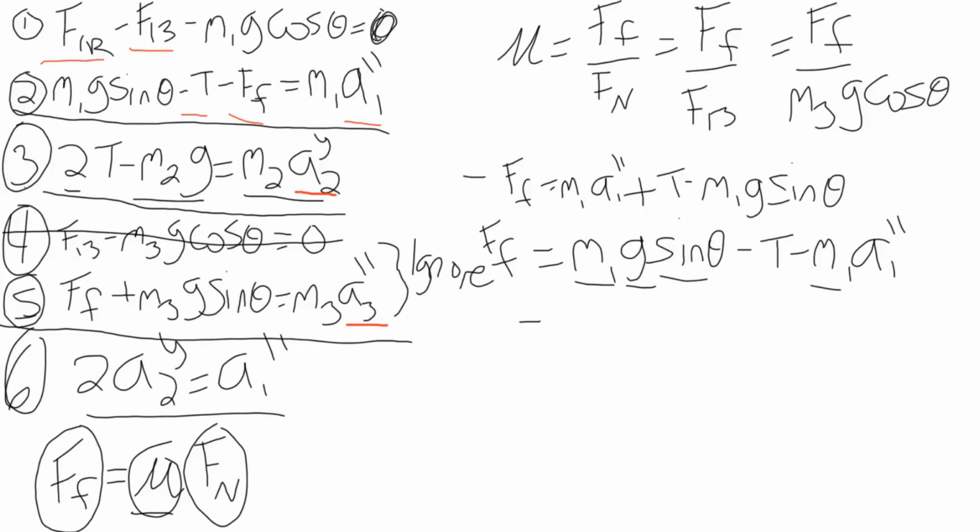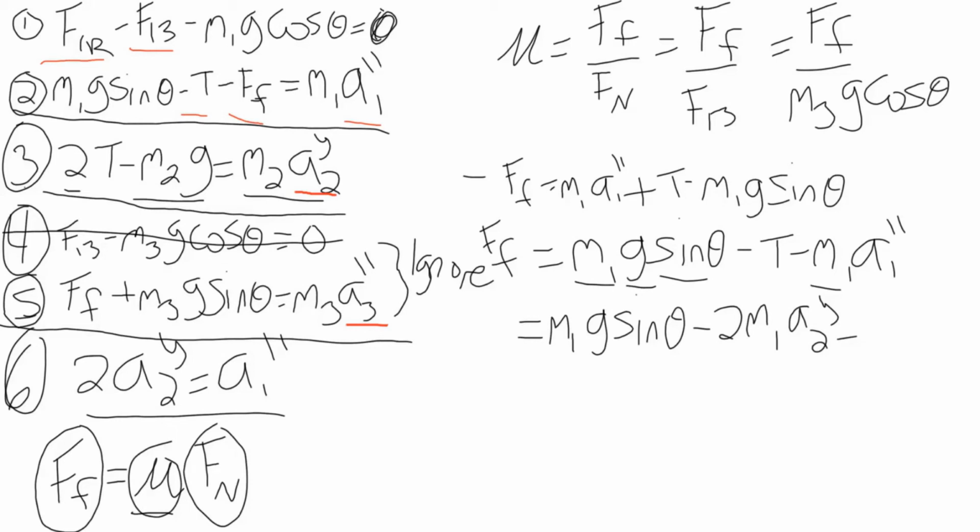So I can write this as m1 g sine theta minus, and I'll consider this term first, 2m1 a2y. I just want to make sure that's right. Yeah, cool. And then minus t. What's t? Well, t, if I look at this expression, oh, not this one, sorry.